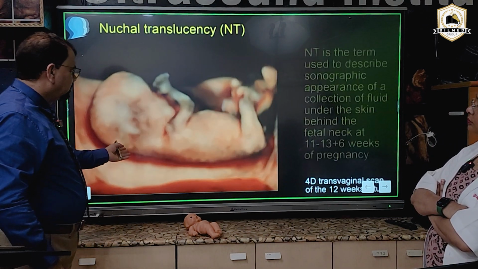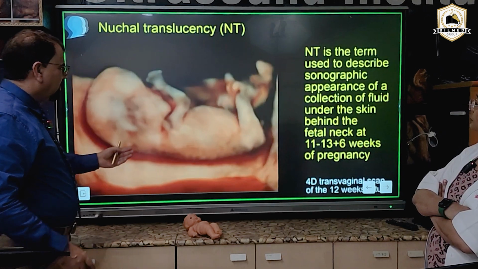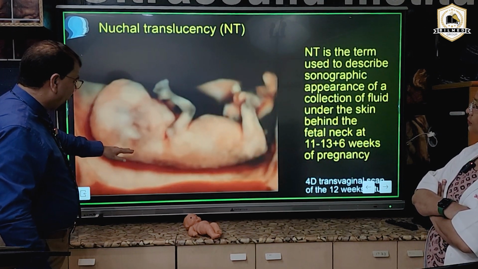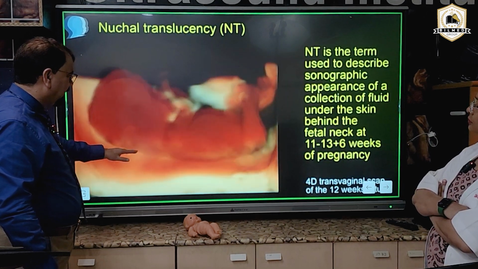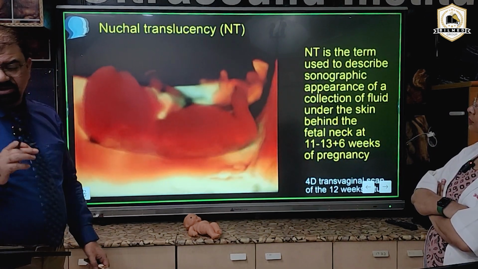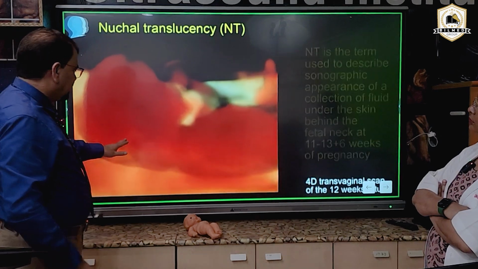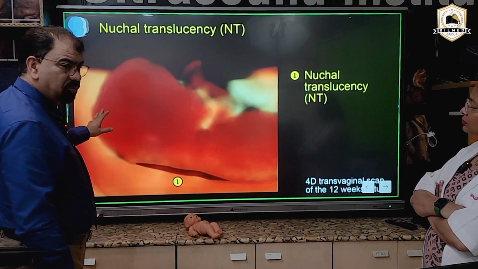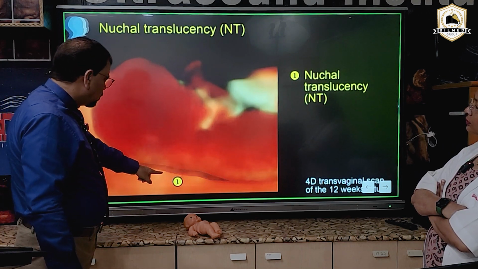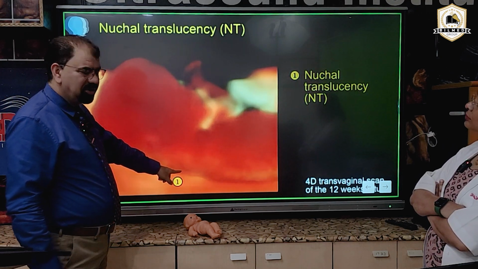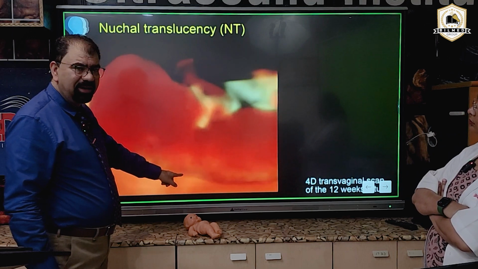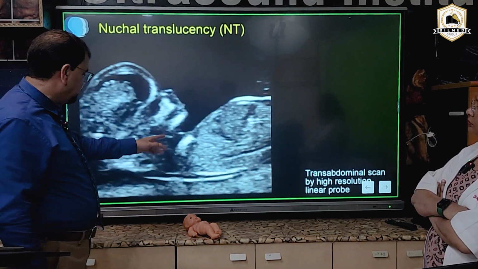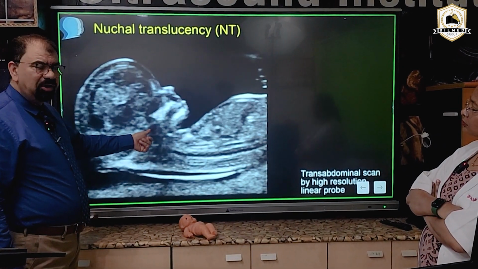And where to see: you have to see under the skin behind the neck at 11 to 13.6 weeks of pregnancy. And that was a diagram of a 2D ultrasound, which we will show you. So here is the nuchal translucency, a graphical representation of what you will see on screen.